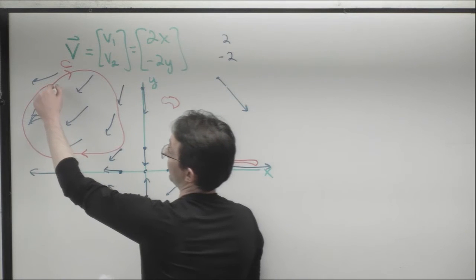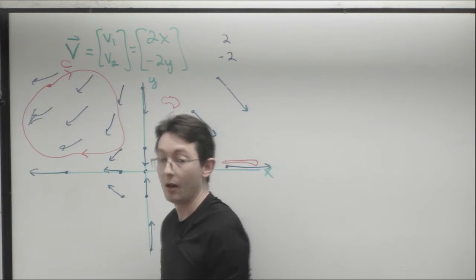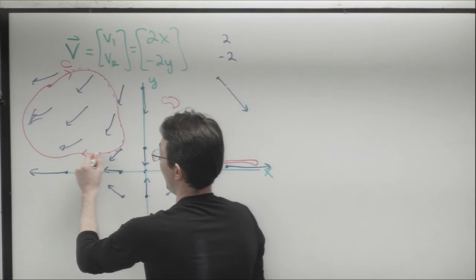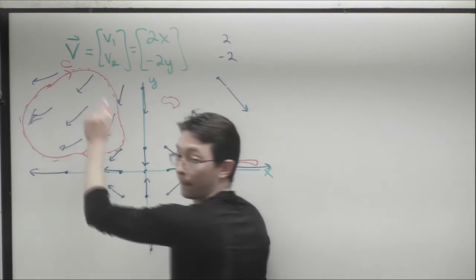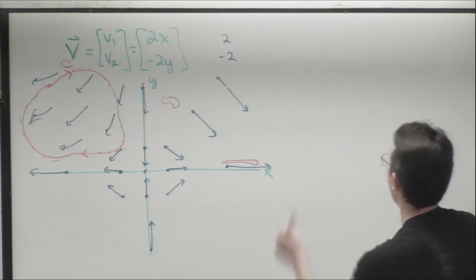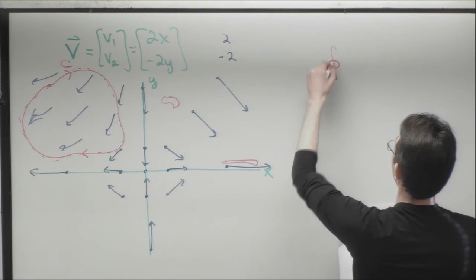I either calculate the flux through this contour C, or I calculate the integrated tangent component of the velocity around this circle. We're going to find that those quantities are really important and are equal to 0 for conservative potential flows.